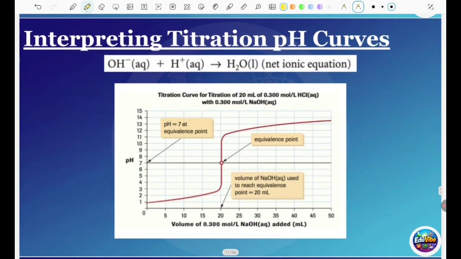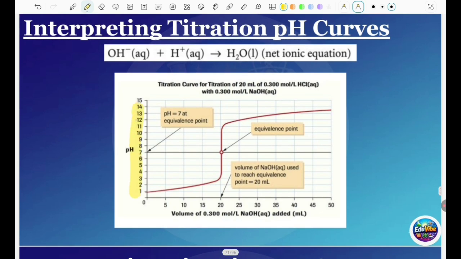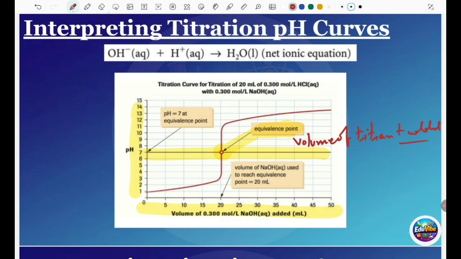This is how the graph looks. Over here we have the pH, and here we have the volume of NaOH added. That line signifies your equivalence point, and this is also your volume of titrant added.